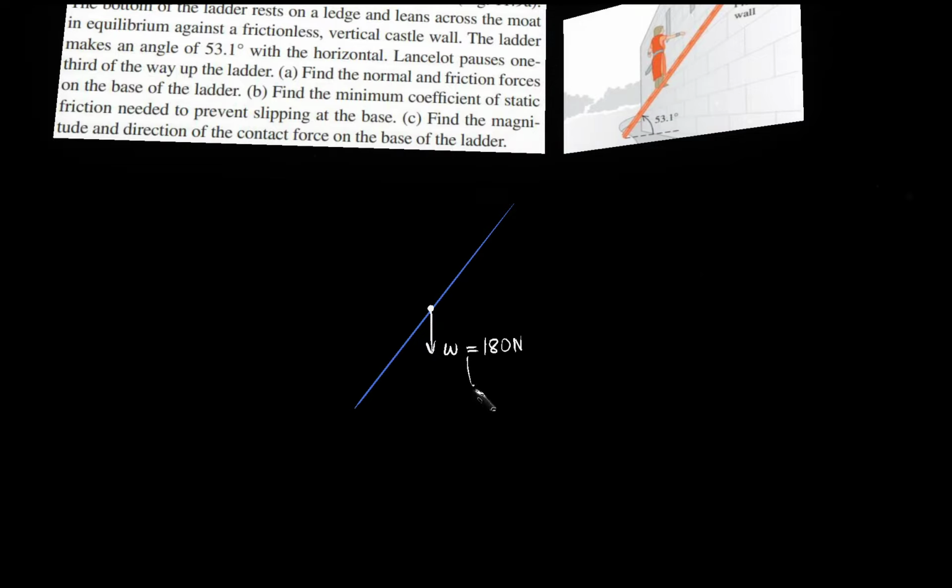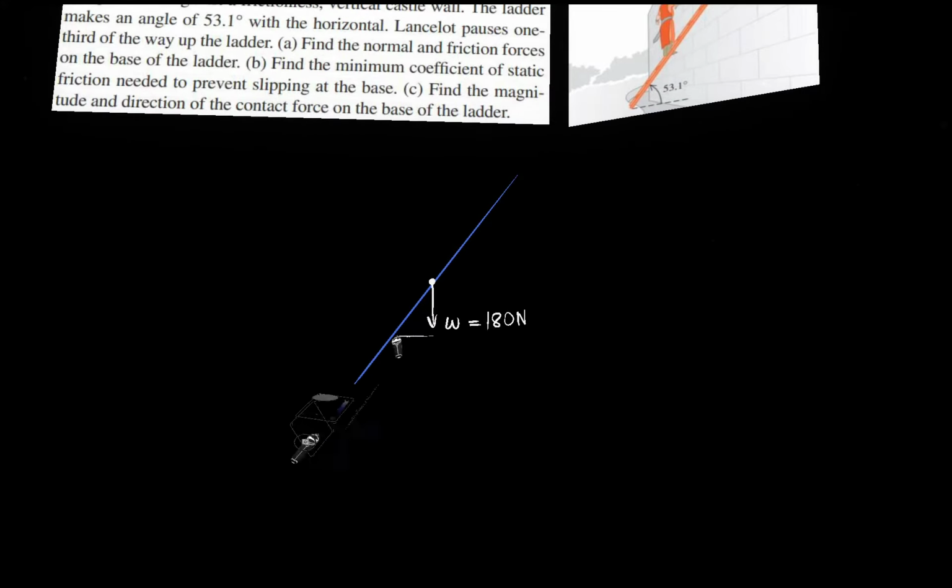You can say weight sub L for ladder if you want. And then there's Sir Lancelot, and his center of mass is going to be here. And his weight is 800 newtons.